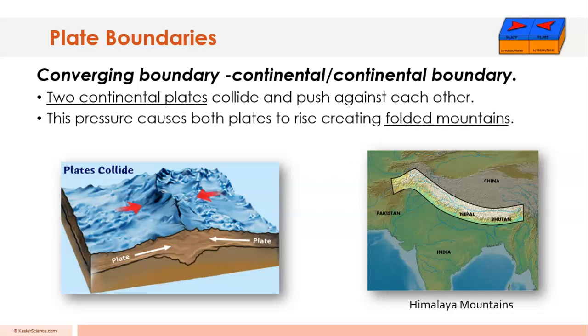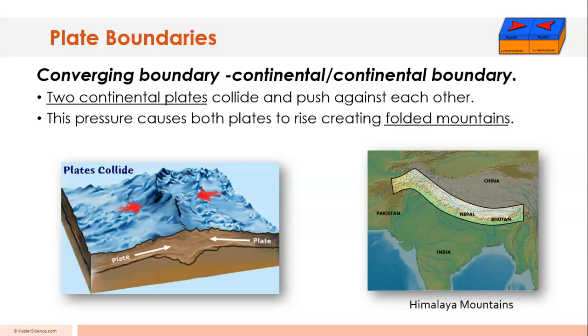The 2 continental plates are colliding and pushing against each other, and all of that pressure together creates a folded mountain. Okay, one way you can demonstrate this, other than what we've done in the lab activity, is if you were to take a towel and place it nice and flat on a table, put one hand at each end of the towel, and then slide your hands together.